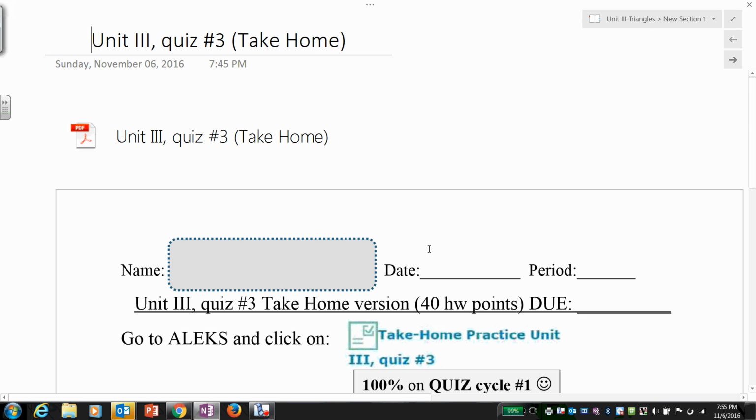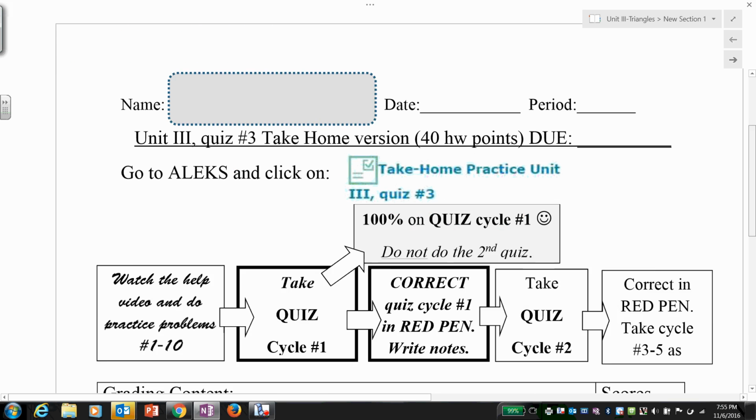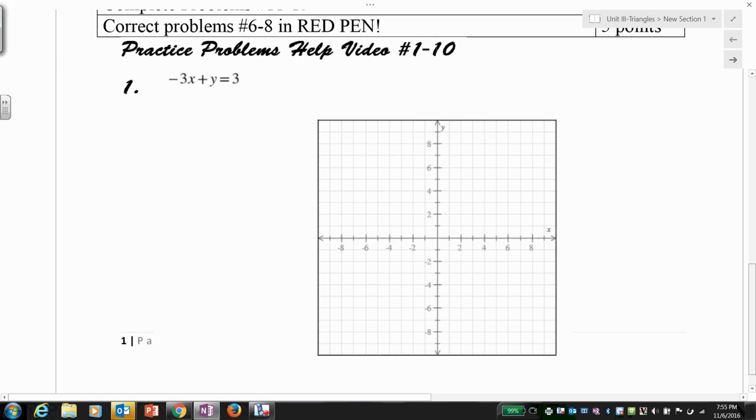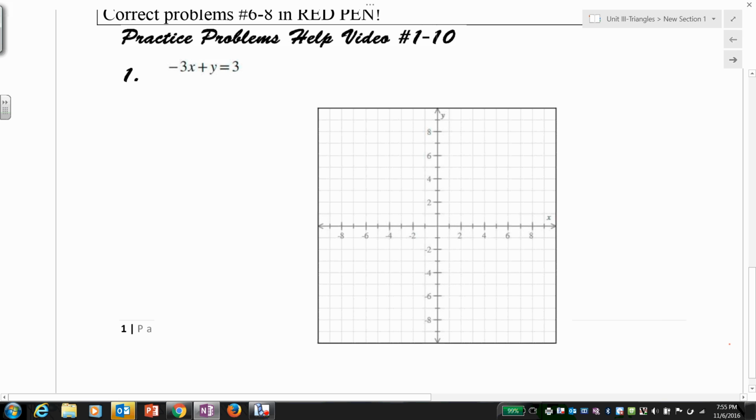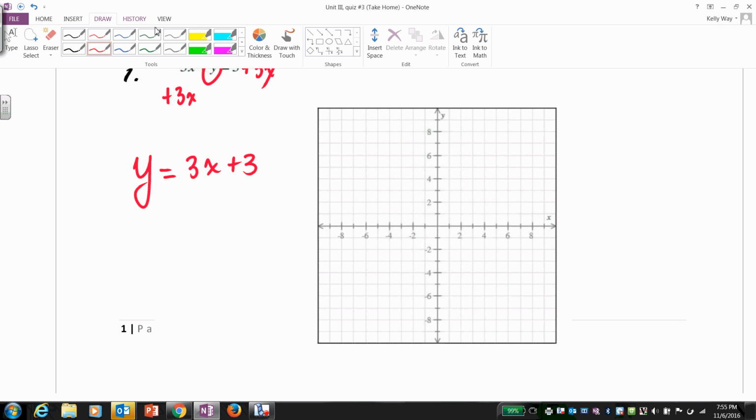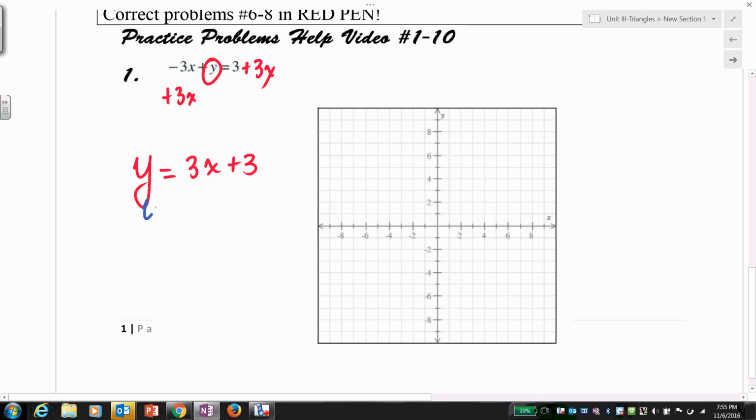We have here... we're going to get y by itself. We're going to add 3x to both sides. So I end up with y equals 3x plus 3. That means y equals mx plus b.